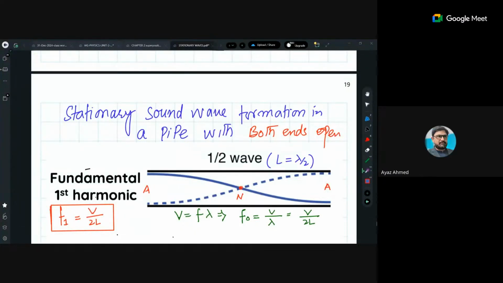Actually, open ends means the particles are allowed to vibrate easily, to the maximum level. That is why you are getting the antinode. So you can simply consider that two antinodes are formed at the open ends.